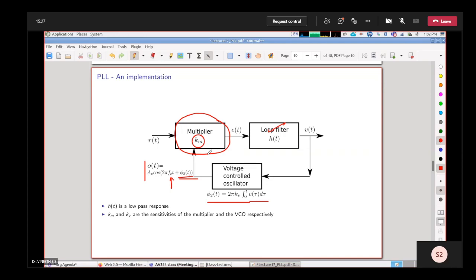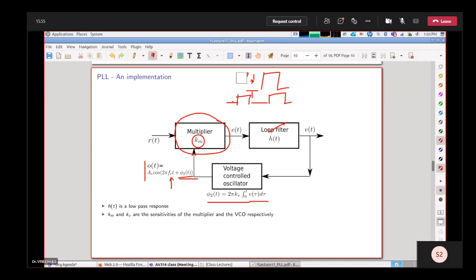In digital PLLs, you don't have sinusoidal signals as input to this multiplier. You basically have PWM kind of waveforms, and you will be comparing the area overlap under these waveforms to get an idea about the phase lag or lead between them. We are not doing that right now.